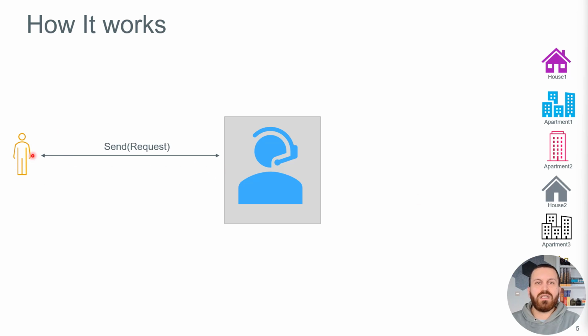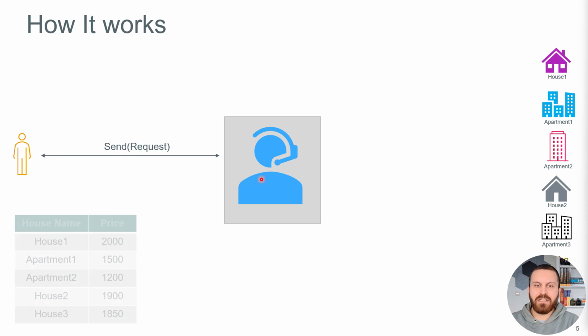This candidate should send a request to the agent. This agent and this client should have a standard to communicate. For example, they should have a standard about which of these houses, which of these properties they are talking about. Then they need to give each of them a name or call them by the address.